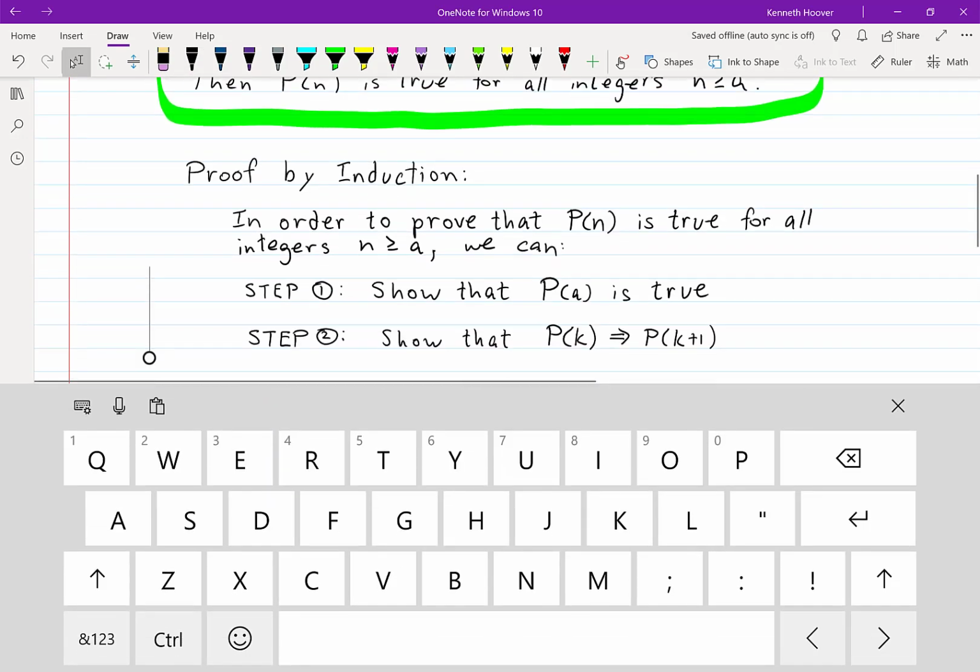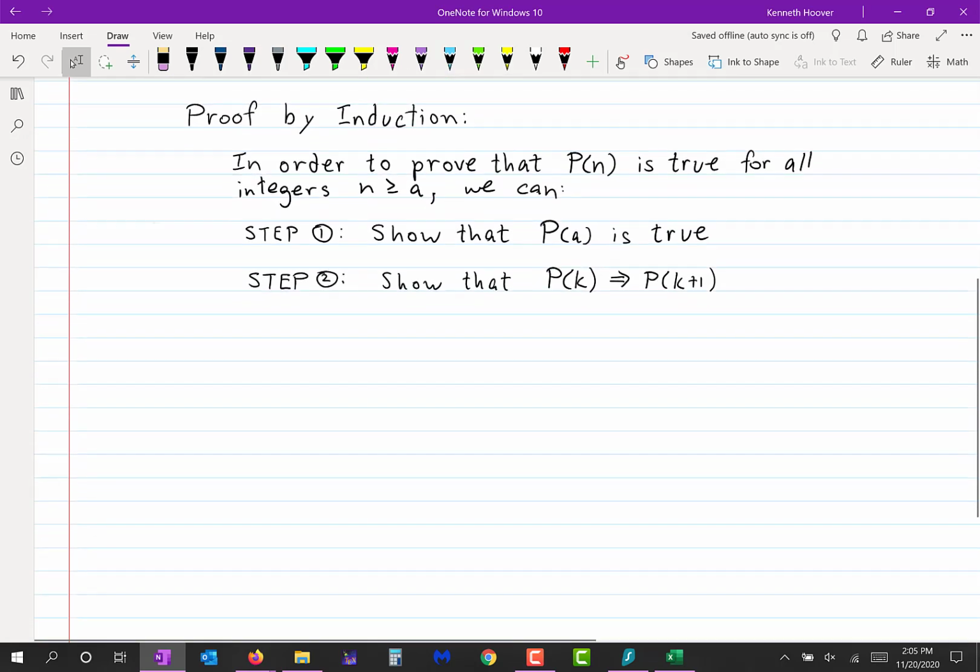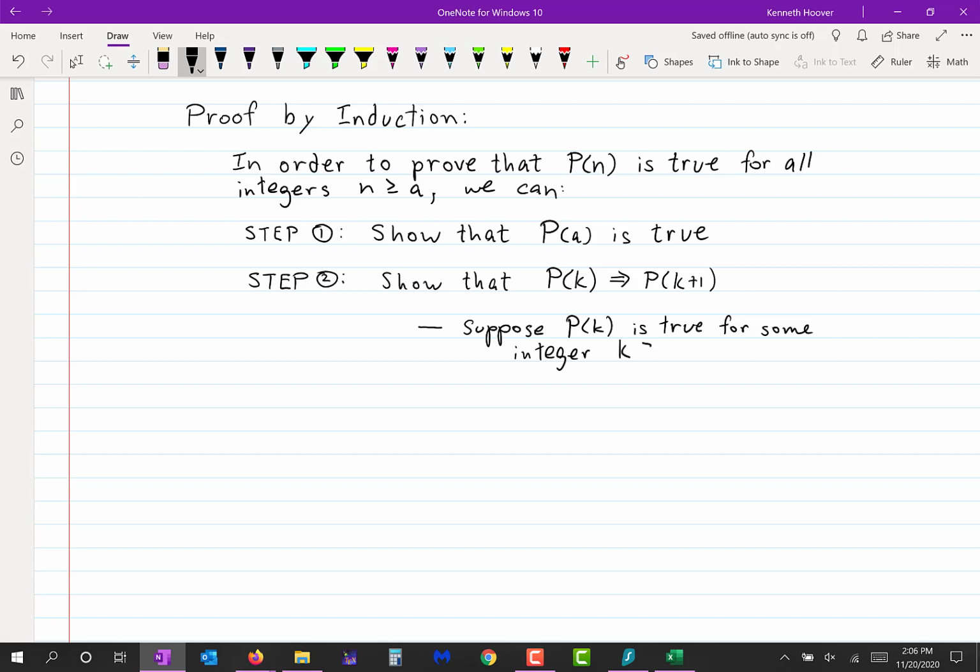How do you do that? You suppose P of K is true for some integer K equal to or greater than A, and then you show P of K plus 1 must also be true.